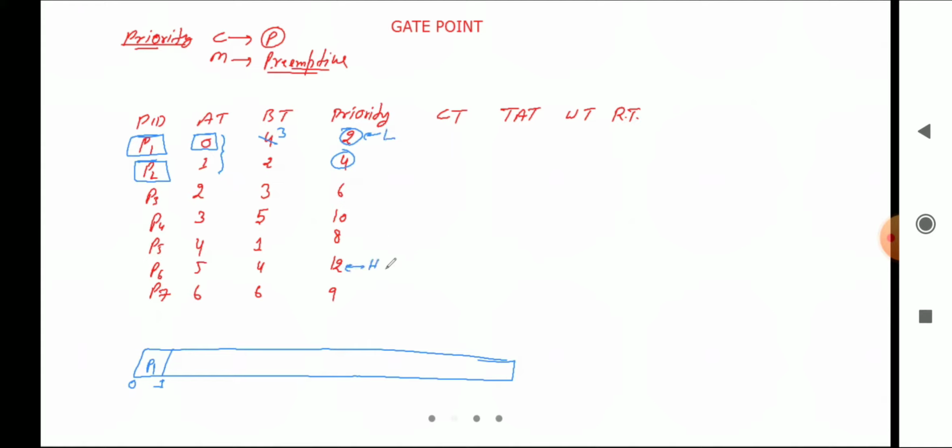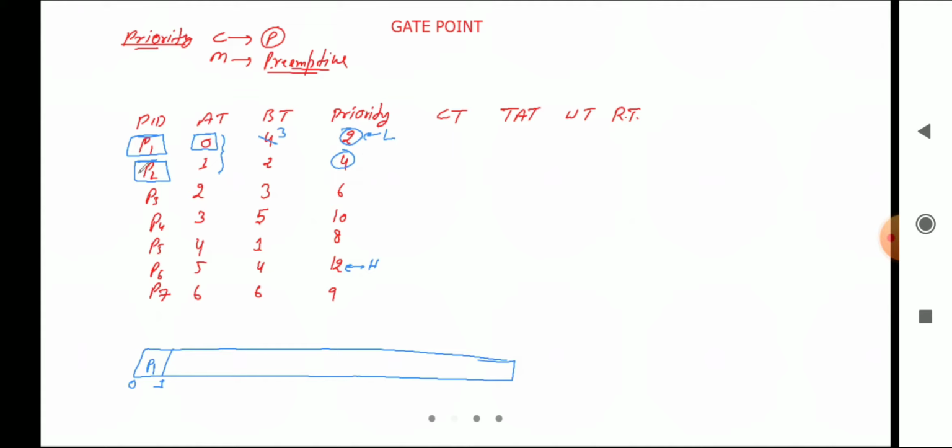Priority may be reverse also, that the highest number has the lowest priority and the smaller has highest priority, right? That may be the case, but in this example the smaller has lowest priority and the higher number has highest priority. So process P2 has more priority.